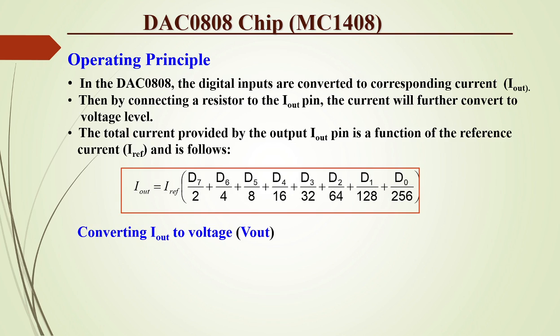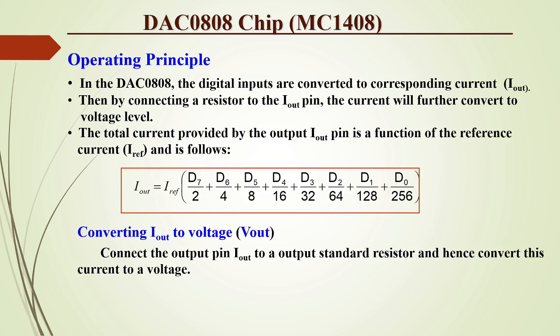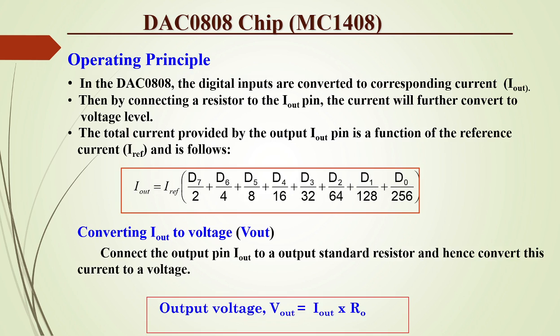In this way we can calculate I out, and now we can convert this I out into voltage. We know that V is equal to IR, so V out equals I out into RO, where RO is the output resistor connected to the I out pin.